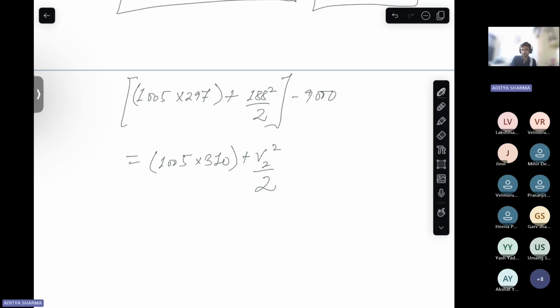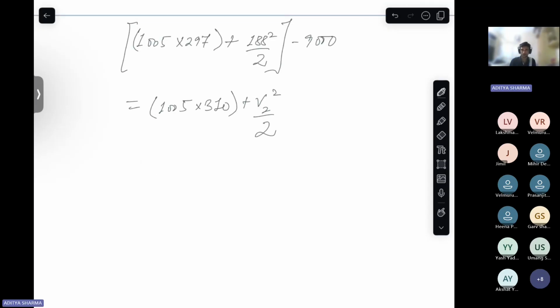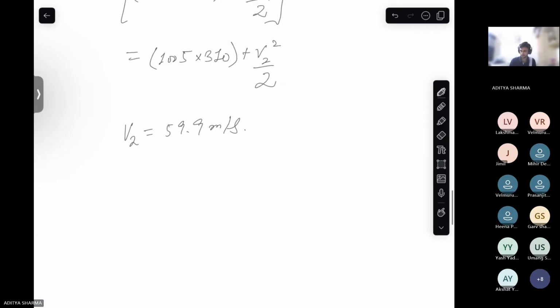So please find out first of all V2. So the value of V2 Akshat is giving me is 60 meters per second. I have worked it out. So I have this. Okay.